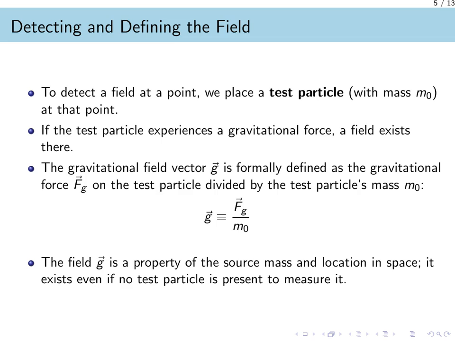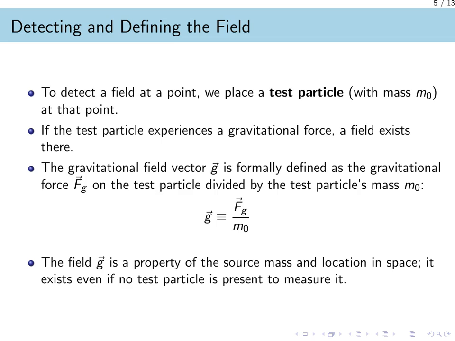To make the concept of gravity more concrete, we need a precise way to define and measure the gravitational field at any point in space. The first step is to detect the field. We do this by placing what we call a test particle, which is simply an object with a known mass, m0, at the location we want to study.